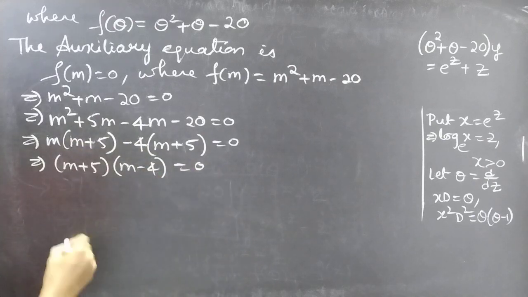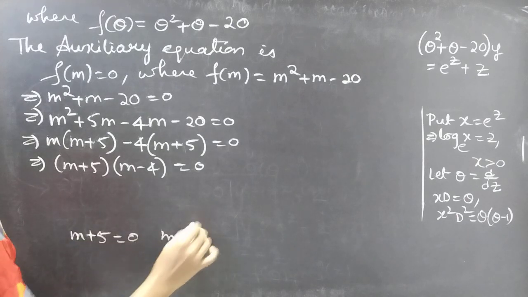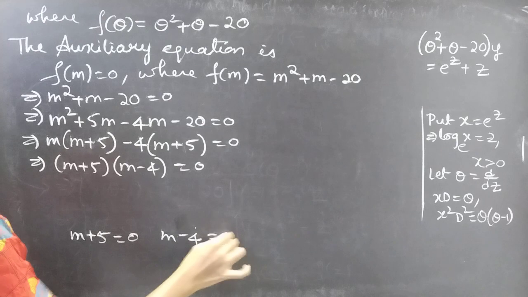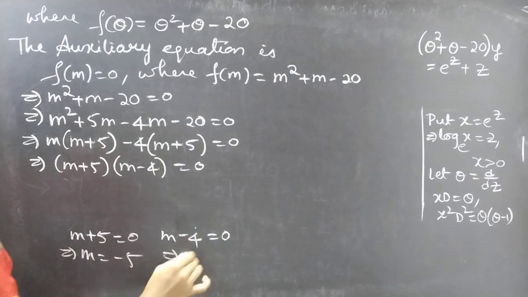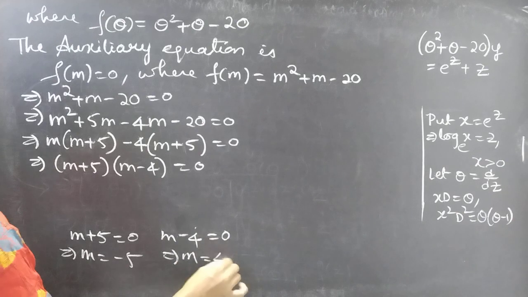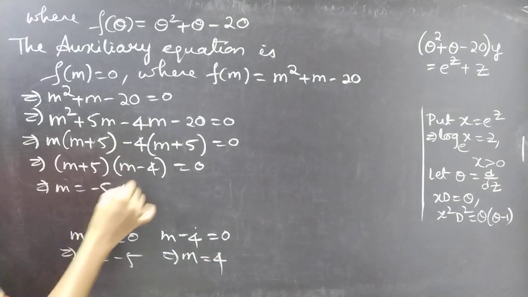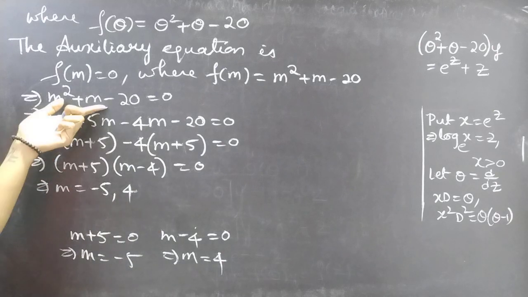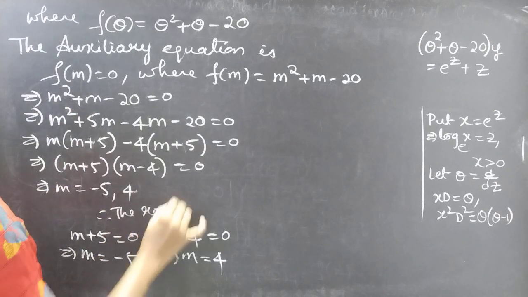Now equate each factor to 0. From m plus 5 equals 0, we get one root, and from m minus 4 equals 0, we get one root. So m equals minus 5, plus 4 are the roots of our auxiliary equation. Therefore, the roots are real and distinct.